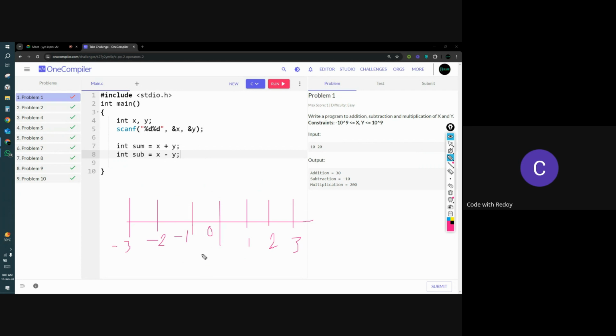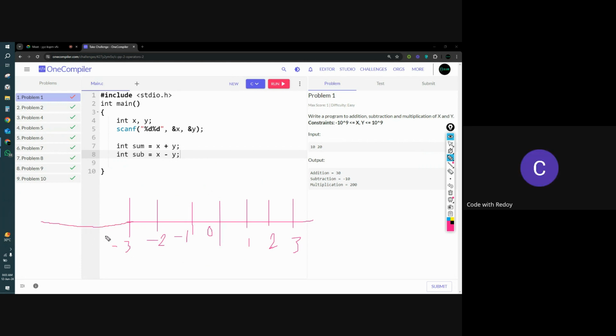Have you seen before this type of graph for the number? Yeah, I see that. The starting of it is minus 10 to the power of 9, and then it gets to 0.